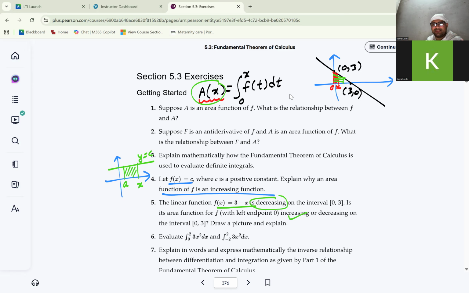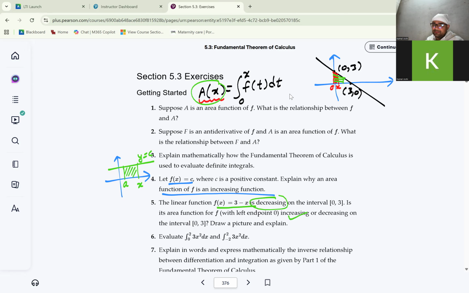Whether a function is increasing or decreasing, if its values are positive, then the area function for that region would always be increasing. And I'm talking about the net area function. Remember the concept of net area and total area.